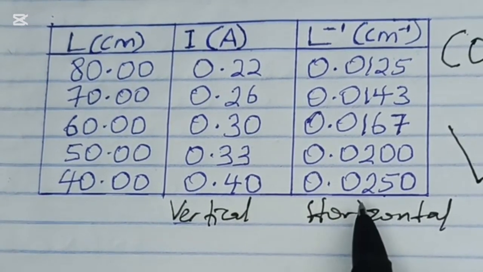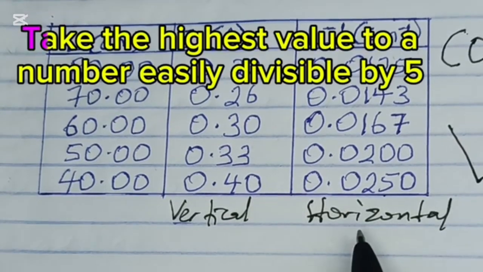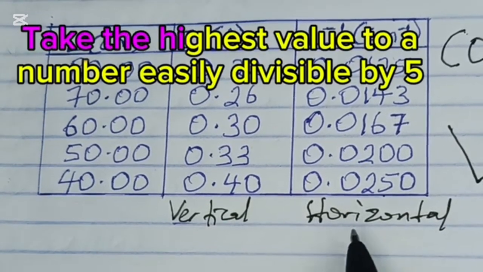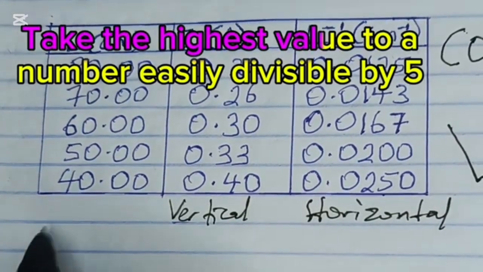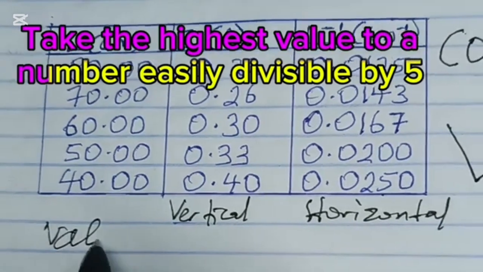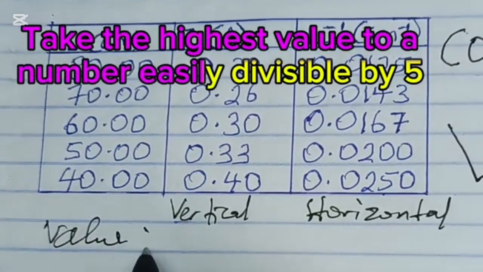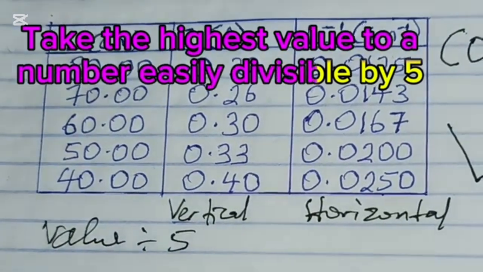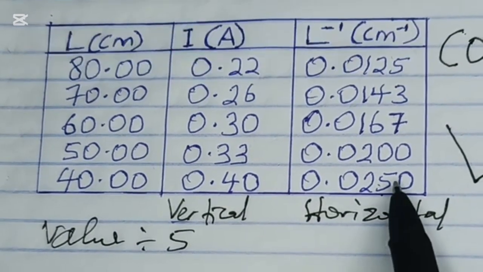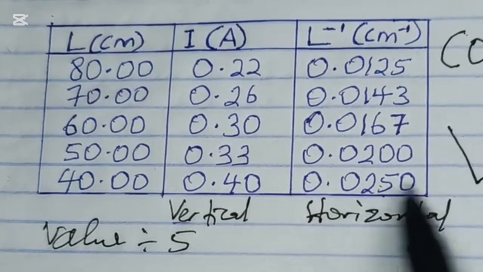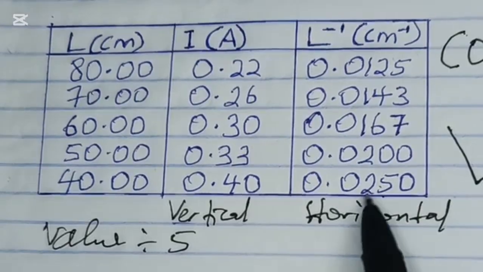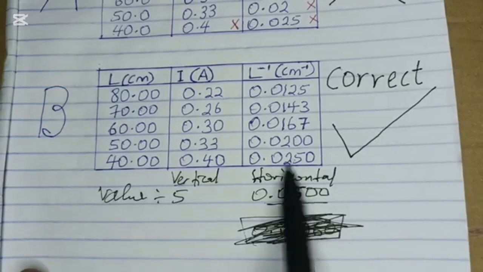Please, your highest value, I come again, must be divisible by 5. Look at this. This cannot be divisible by 5. So you look at the first value here. Make sure the value is divisible by 5.